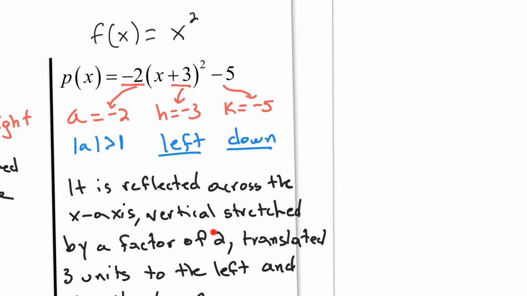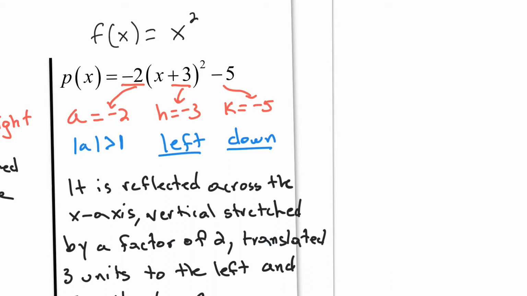The factor of 2 tells us how much the stretch was. So we are going to stretch it by a factor of 2. If the a value, let's say, is -5, your absolute value of a will be 5, and we'll say it is a vertical stretch by a factor of 5. So this number here is your actual a value or your absolute value of a.